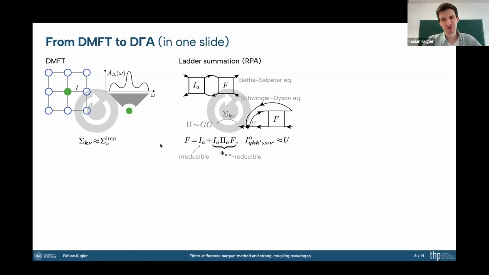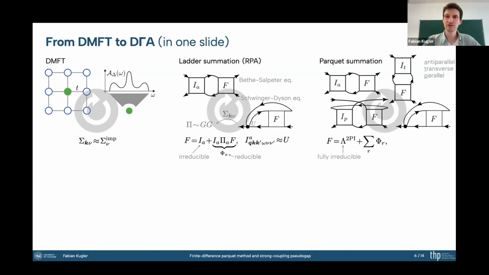Let's take this excursion to a higher level and look at the parquet summation. Here the idea is, why pick this one specific Bethe-Salpeter equation? There are actually three of them. There are three ways of connecting two 4-point vertices. So we want to solve all of these Bethe-Salpeter equations simultaneously, and include their mutual feedback.